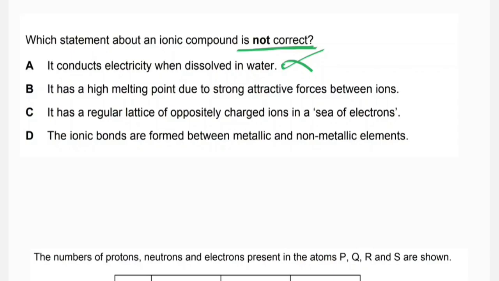It has a high melting point due to strong attractive forces between ions, which is actually correct, so not the answer. It has a regular lattice of oppositely charged ions in a sea of electrons, which is actually a metal, so it is incorrect, so that is the answer. The ionic bonds are formed between metallic and non-metallic elements, which is again a correct statement, but not the answer, because we are looking for an incorrect statement.